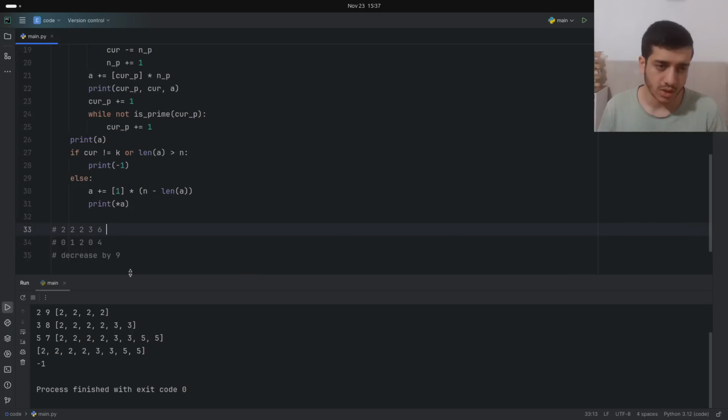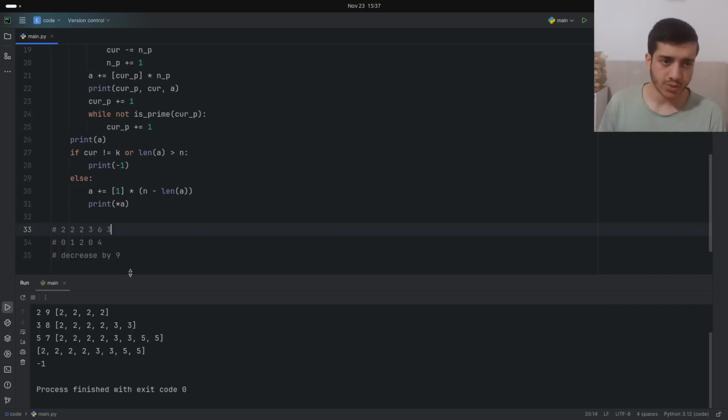And then if I do another 6, it doesn't work because it will decrease a lot. So I need to decrease by 2, which is again not possible. If I add another 2, I decrease by 3.